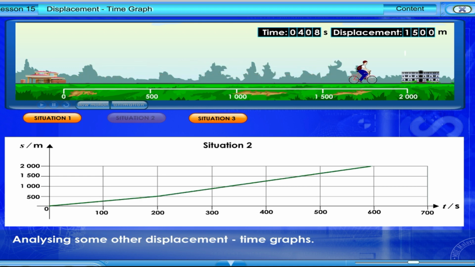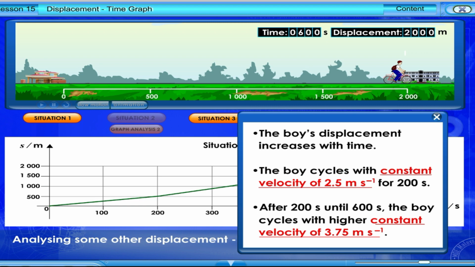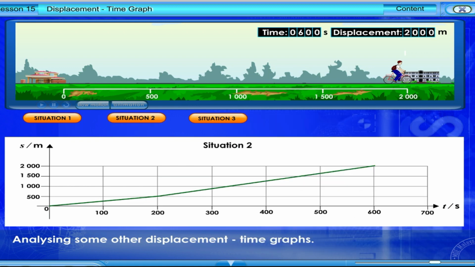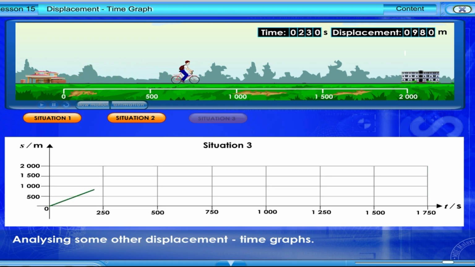Describe the boy's motion. Click the Graph Analysis 2 button. Click on the Situation 3 button. Describe the boy's motion. Click the Graph Analysis 3 button.